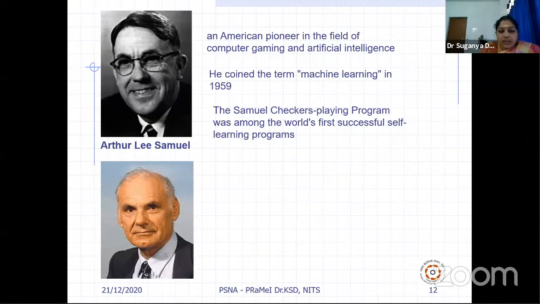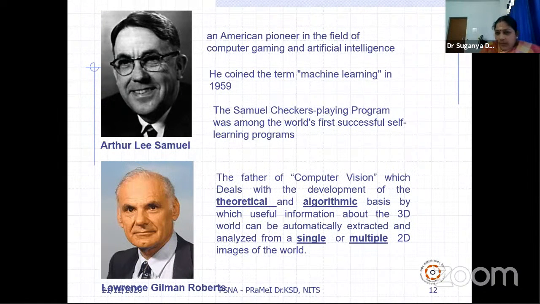Okay, and he is none other than Lawrence Gilman Roberts, and he is called the father of computer vision. So there is a difference between image processing and computer vision. Image processing is whatever we can do to manipulate the images.